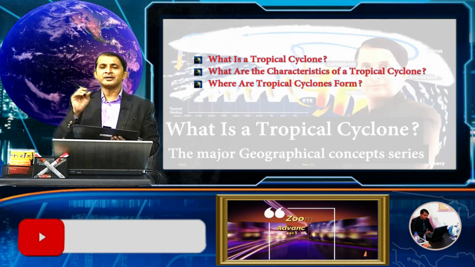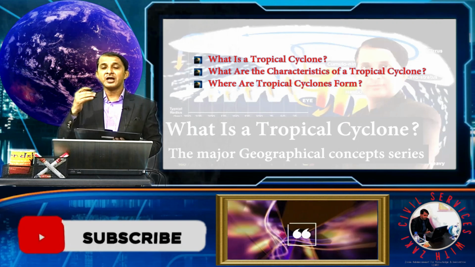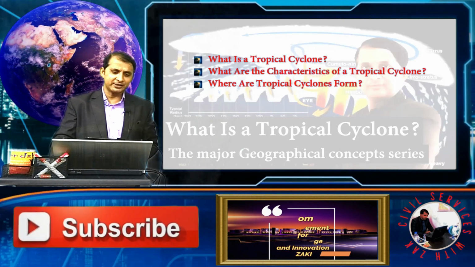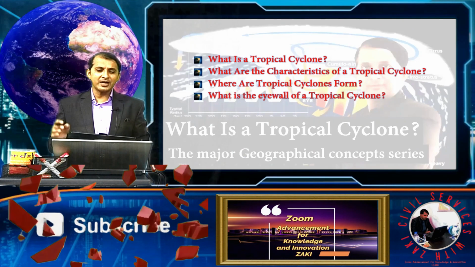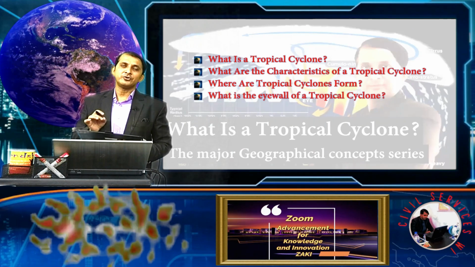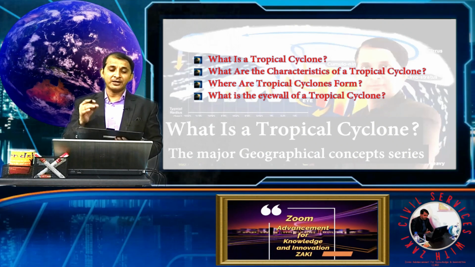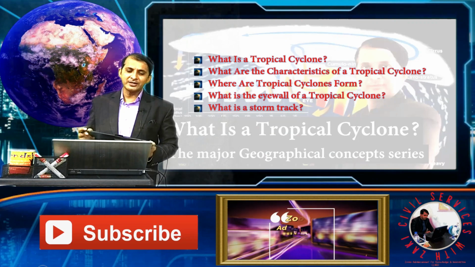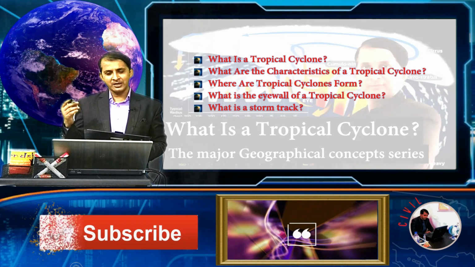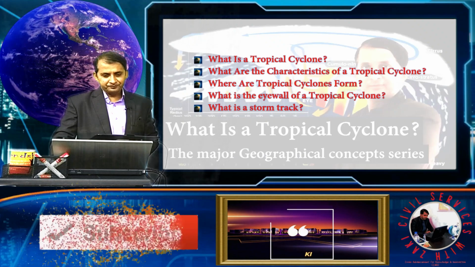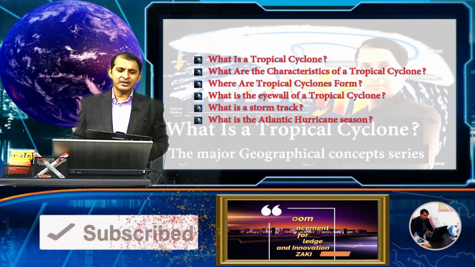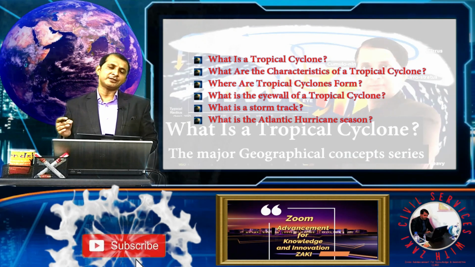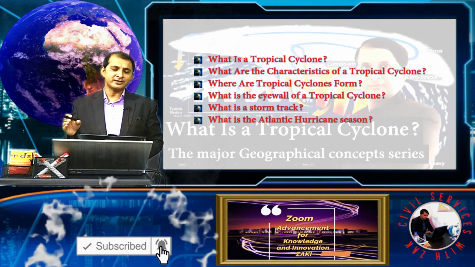So where are the areas where cyclones form and then migrate, and what is a storm track? We will also see what the eye wall of a tropical cyclone is, what a storm track is, and what the Atlantic hurricane season is.